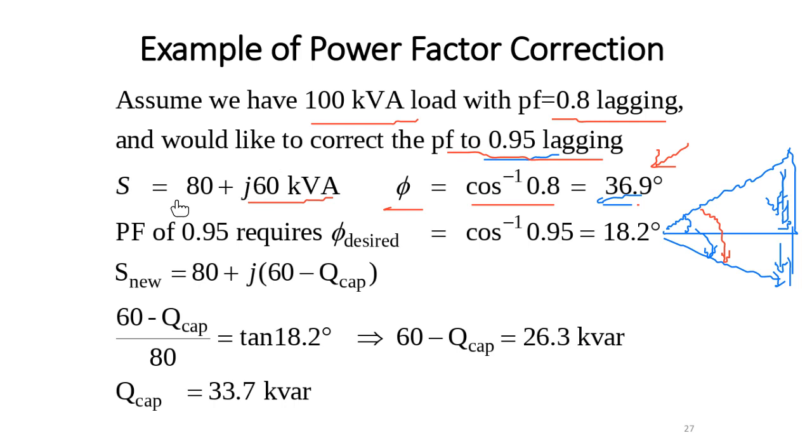If you add these two as complex numbers, you will get S, this 100. So 80 plus j60, if we add them, the magnitude, we get 100.